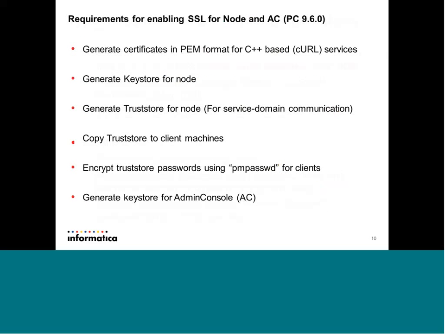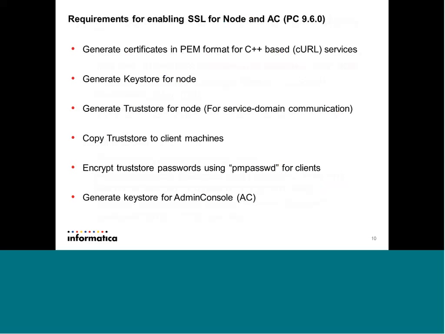Alright, so starting with 9.6.0, what is the process of how you enable SSL for each node in the domain? When it is a multi-node setup, all the nodes in the domain should use the same certificates, in fact the same key stores and trust stores. So if one node is enabled for SSL, all the nodes in that domain should be enabled for SSL.